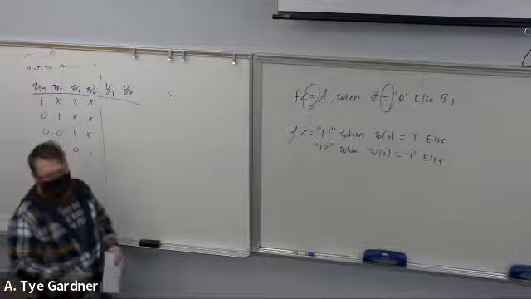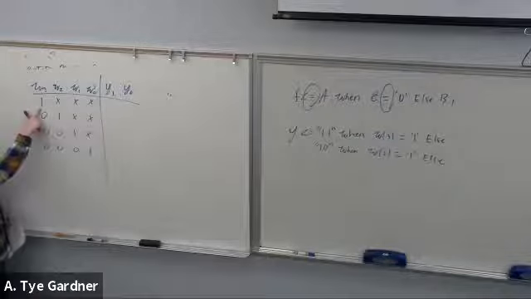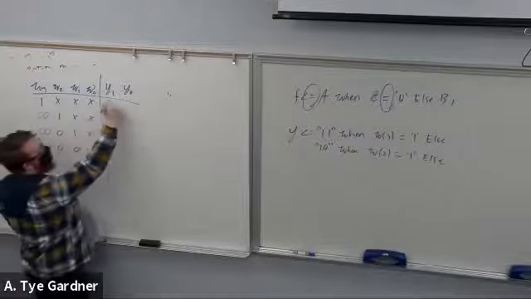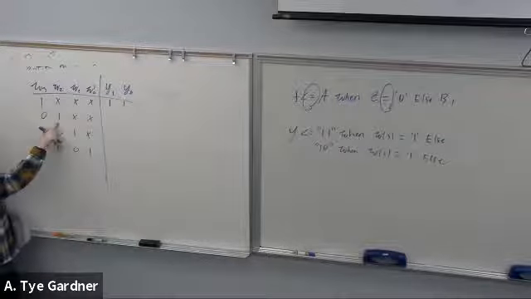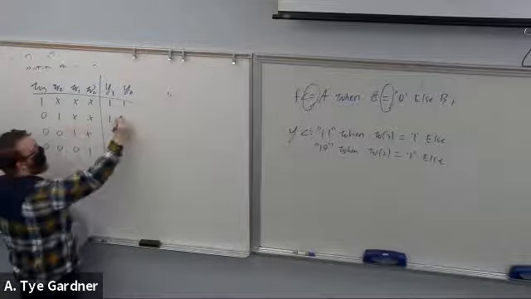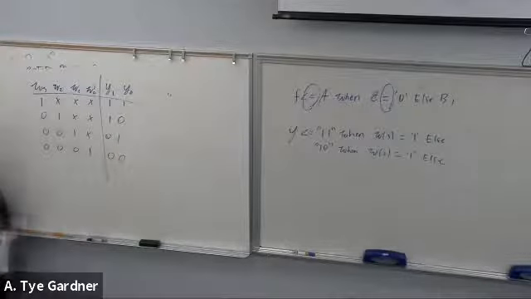Okay, so when I have my most significant bit of W3, I want Y1, Y0 to be 1, 1. If my most significant one is at W2, 1, 0, and so on.